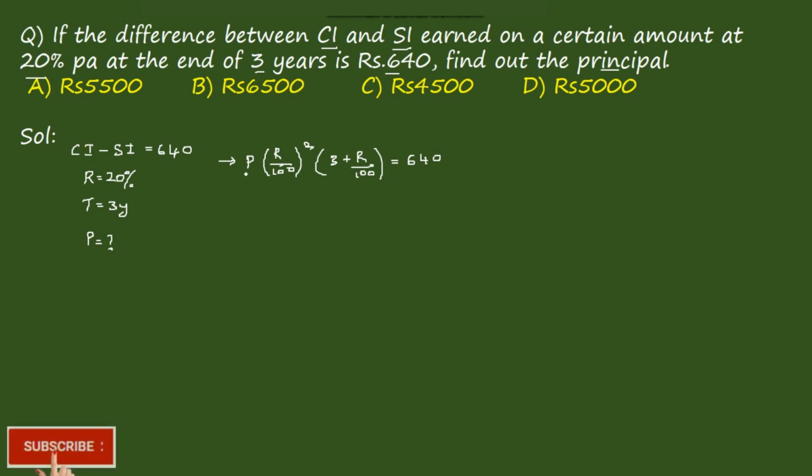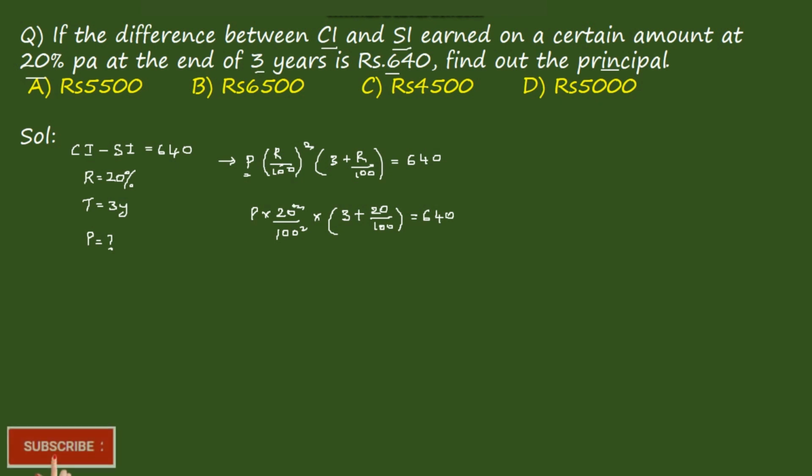We have to find the value of the principal P. So it becomes P into 20 square by 100 square into (3 plus 20 by 100) is equal to 640.